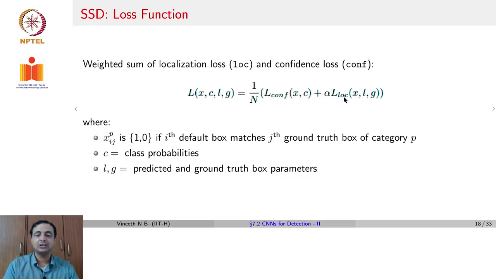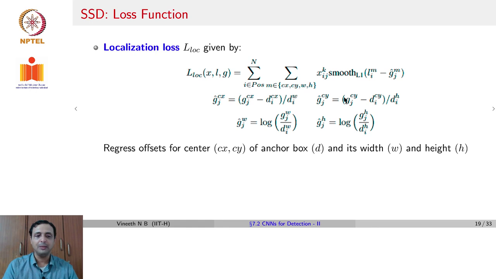Let's see each of these loss functions in a bit more detail. The localization loss for SSD is given by, once again, a smooth L1 loss. It also has a factor x_ij^k in the beginning to say whether that is a class or not, because you would only want to evaluate this quantity when a class is involved. That's when this would turn out to be 1.